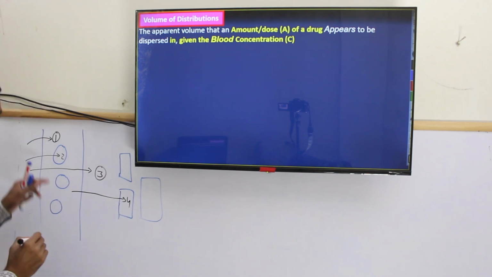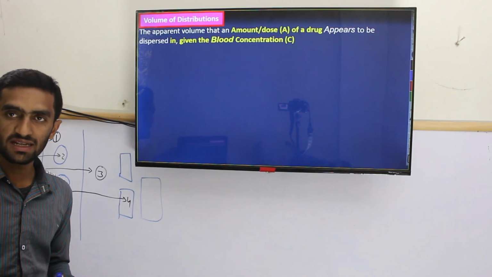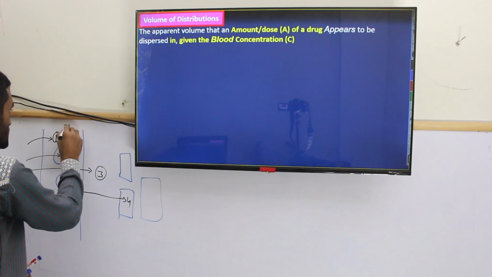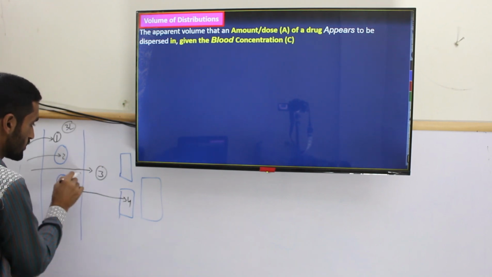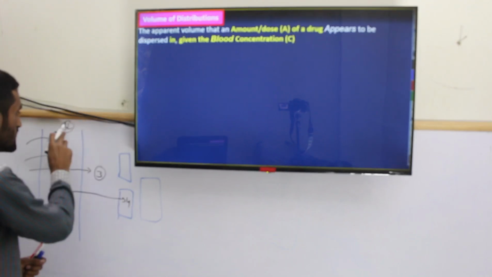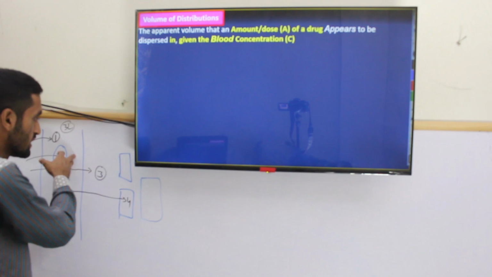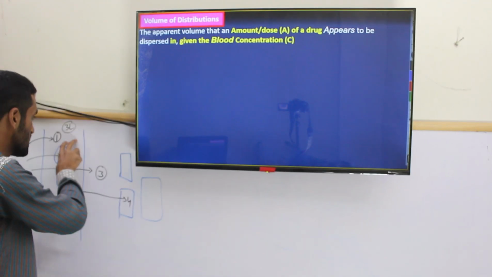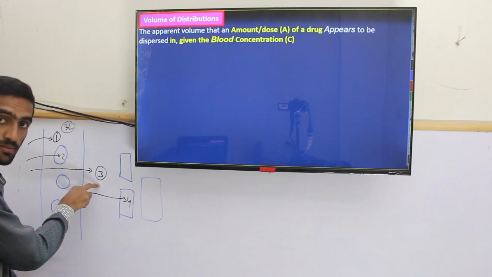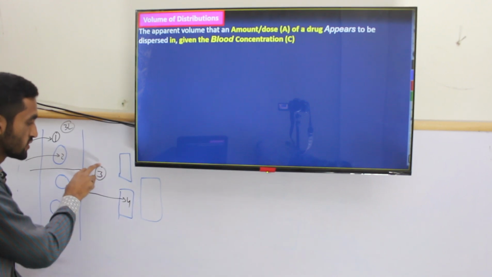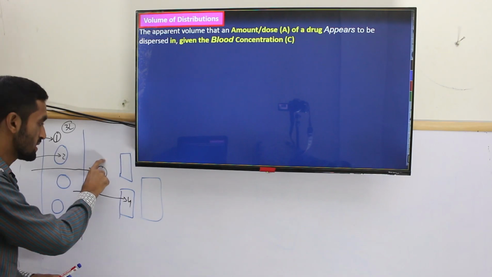If this drug is only limited to the plasma, its volume is less, for example 3 liters, which is your plasma volume. This is limited to drugs which are hydrophilic and of larger molecular size, so they cannot come out of the blood vessel. They remain in the plasma, so their volume of distribution is 3 liters. Another drug can come out of the plasma into the interstitial fluid, so its volume of distribution is going to increase. These are hydrophilic but of smaller size.